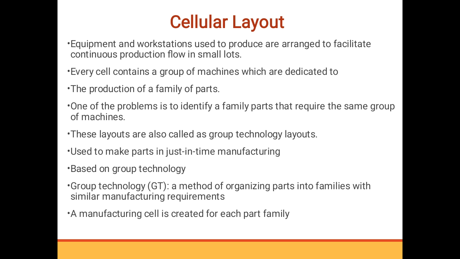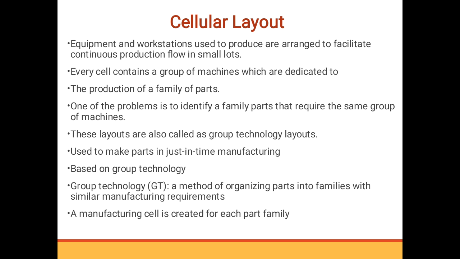So why is it called a cellular layout? It is also called a group technology layout, because here the arrangement of manufacturing requirements is based on similarities. So here equipment and workstations are used to produce or facilitate continuous production flow in small lots.